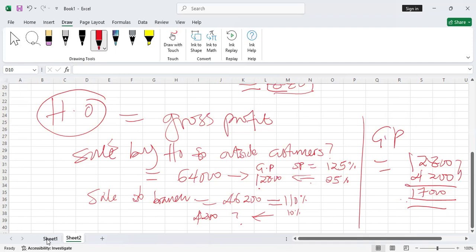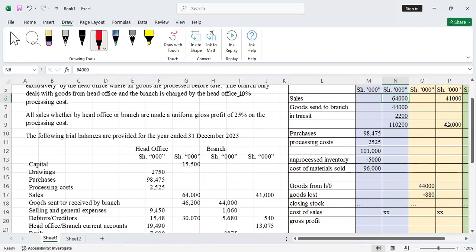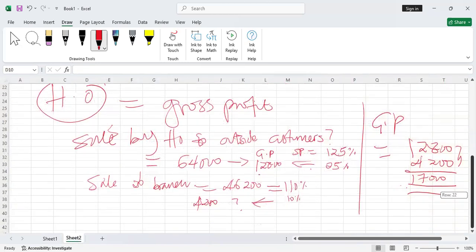Now, let me take you back here to remind you that this branch made sales of 41,000 to external customers. How much profit did they make from this? So let us deal with the gross profit of the branch.